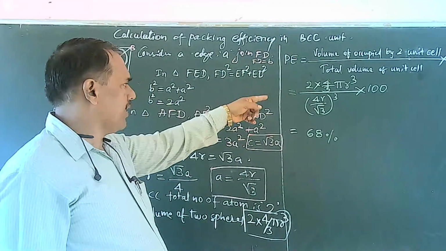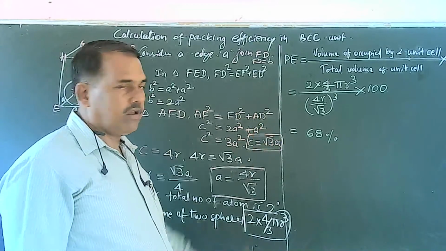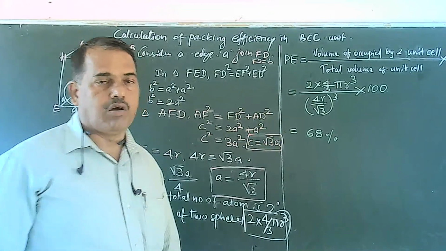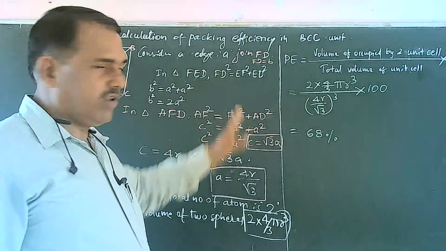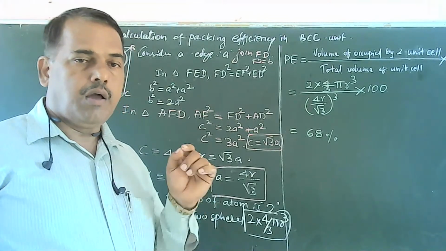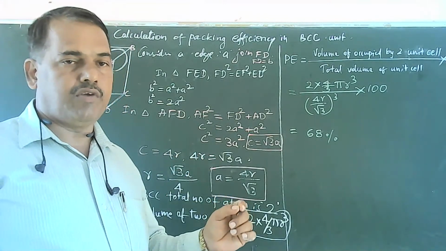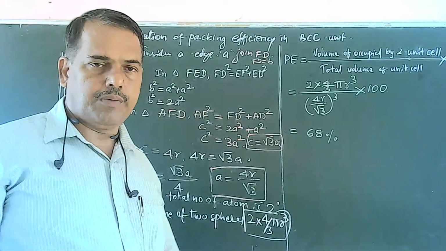So 2 into 4 by 3 pi r cube divided by the cube of 4r by root 3. What is the packing efficiency you got in BCC? It is nothing but 68%. Are you clear? So that is nothing but calculation of packing efficiency in body-centered cubic unit cell.